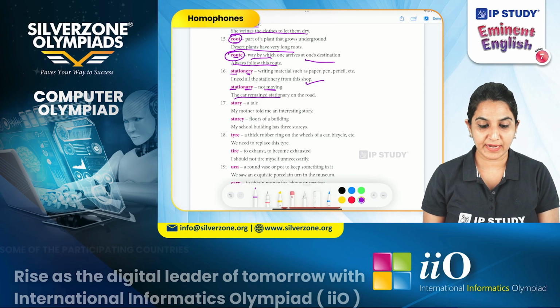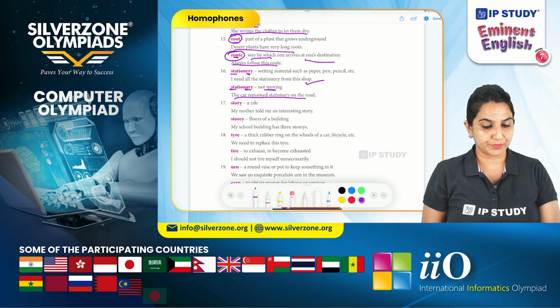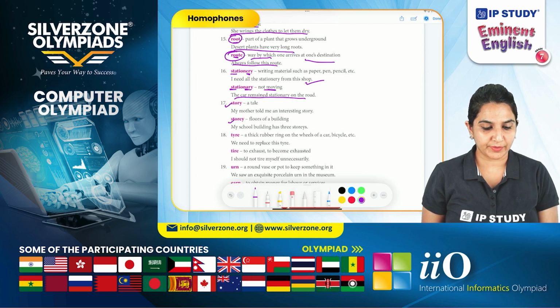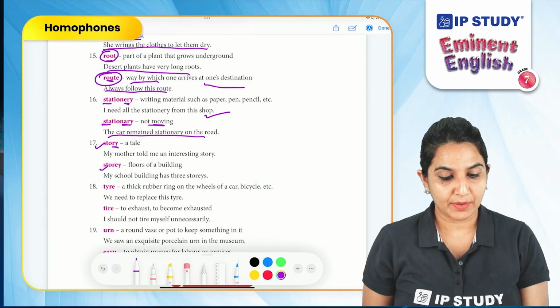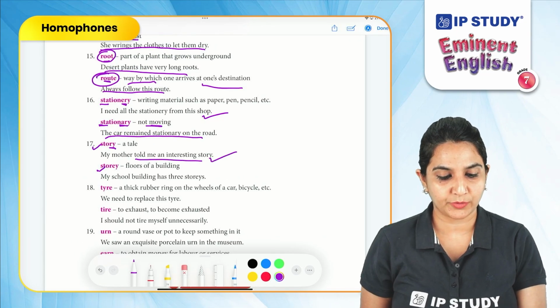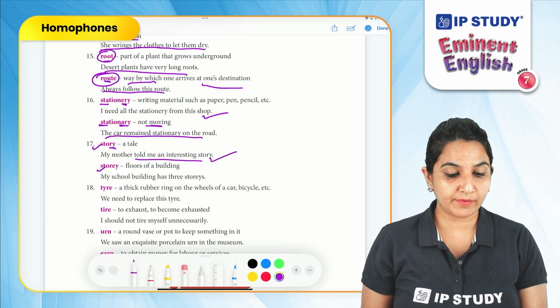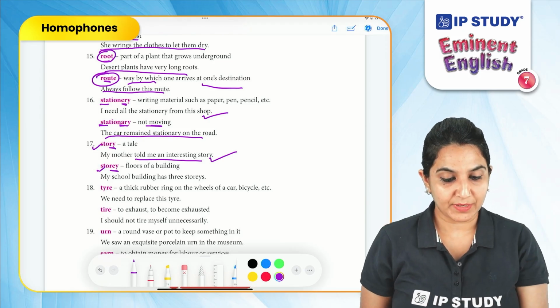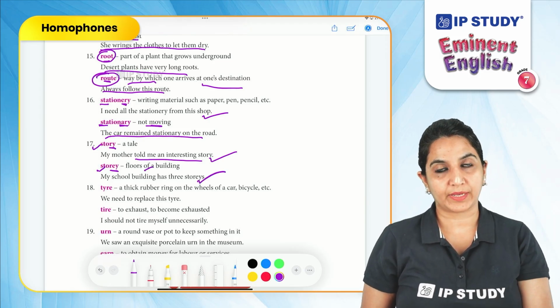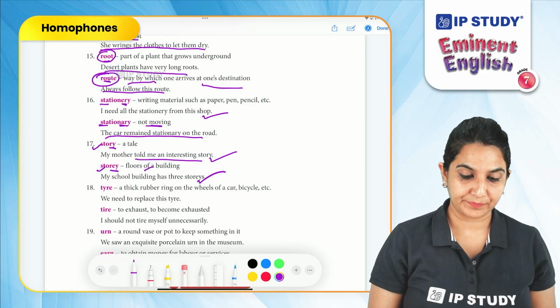The car remains stationary on the road. Story, story. This story without E means a tale. My mother told me an interesting story. Another storey with EY are the floors of a building. My school building has a three-storey, or we say multi-storey building.